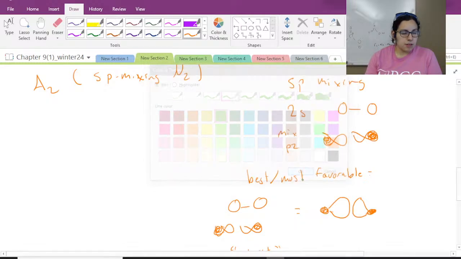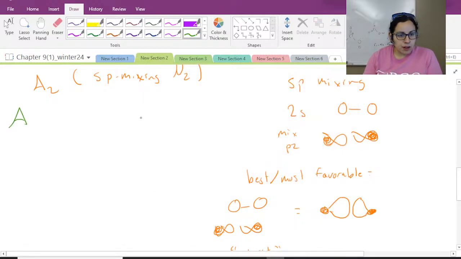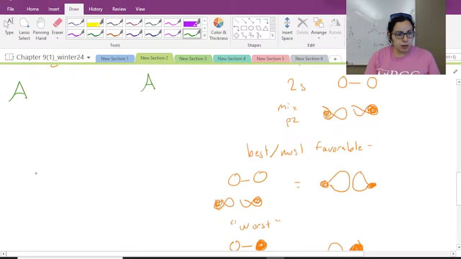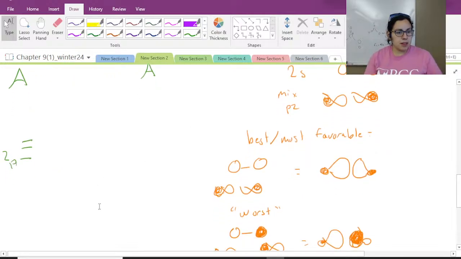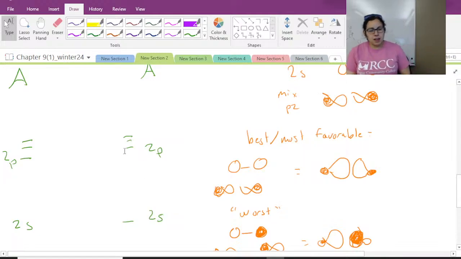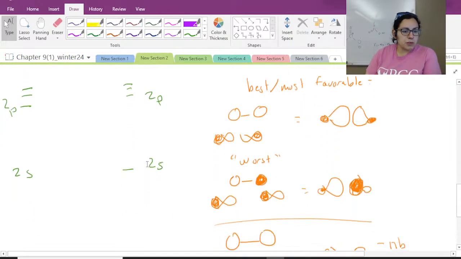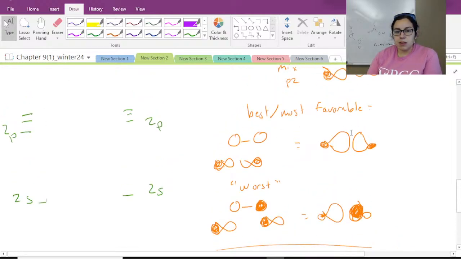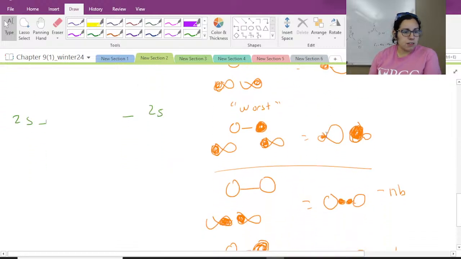Let's do green. So now we'll do our A and our A. And again, this is just our template first. And so we still have our 2P, our 2S. So I'm just kind of drawing our framework. So 2P, 2S. And so now let's start figuring out our mixed orbitals. And so we said, well, this was our best one. So this is going to be our lowest in energy.